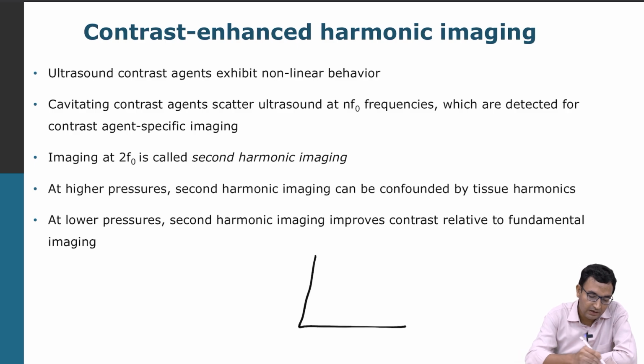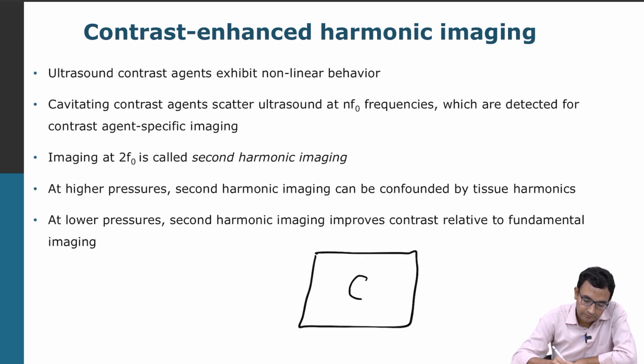But now consider if you have some tissue where there is some blood vessel here and there are contrast agents here. So now this contrast agent will give you harmonic signal at 2f0. But you have a tissue which is also acting as a nonlinear medium here, and this tissue is also giving you signal at 2f0.